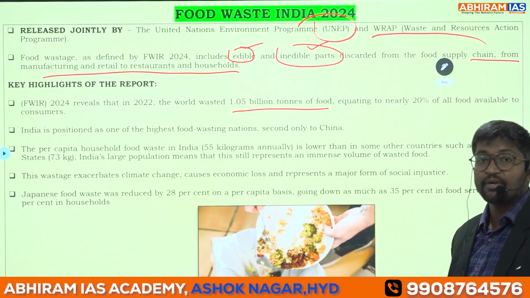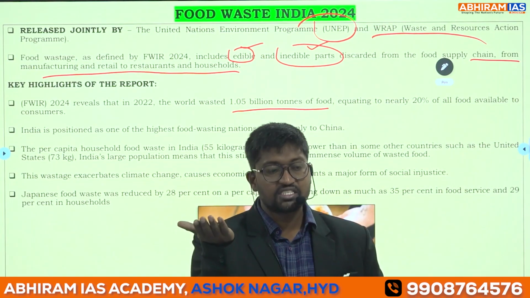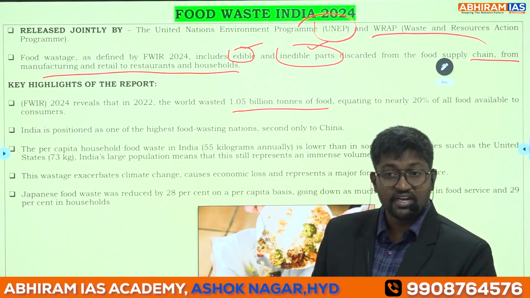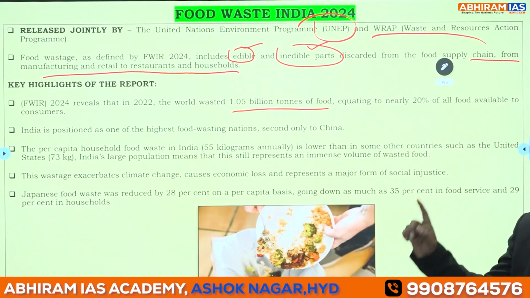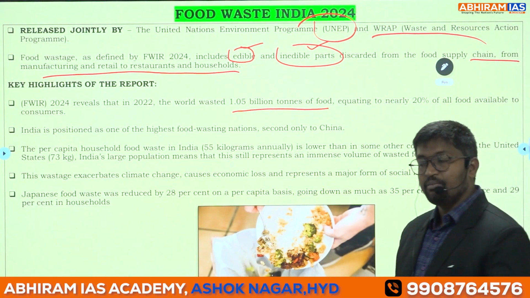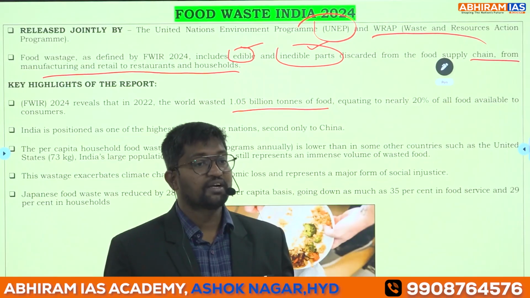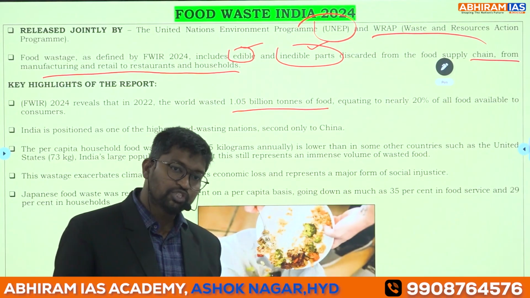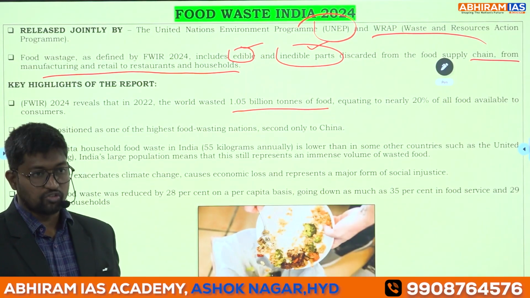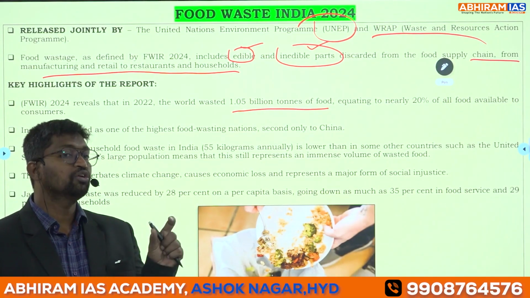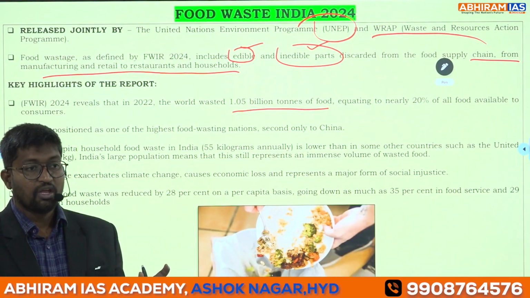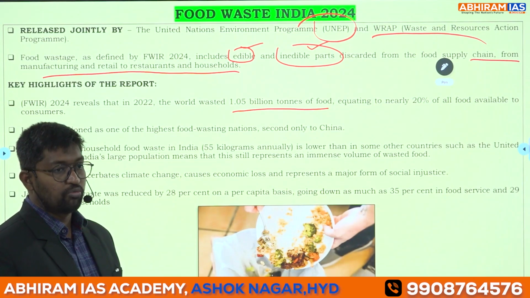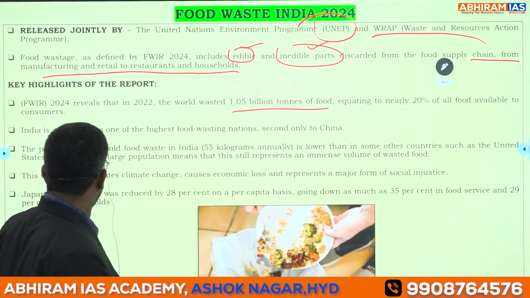Per capita means total food wastage divided by population. Similarly, per capita emissions in India are below the USA, and greenhouse gas emissions are also very low per capita. Although in volume greenhouse gas emissions in India are more, per capita emissions are less. On the same line, in volume food wastage in India is more, but per capita wastage is less.